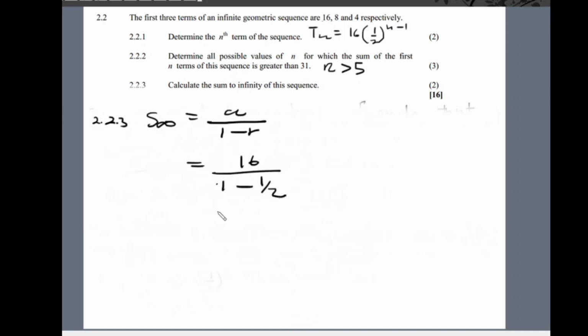Right, so in 2.2.3, we know that the sum to infinity of a geometric sequence is given by a over 1 minus r. We know the value of a to be 16. We know the value of r to be 1 over 2. So if you punch this in your calculator, you get that the sum to infinity is 32. Right, and then we are done with question 2.